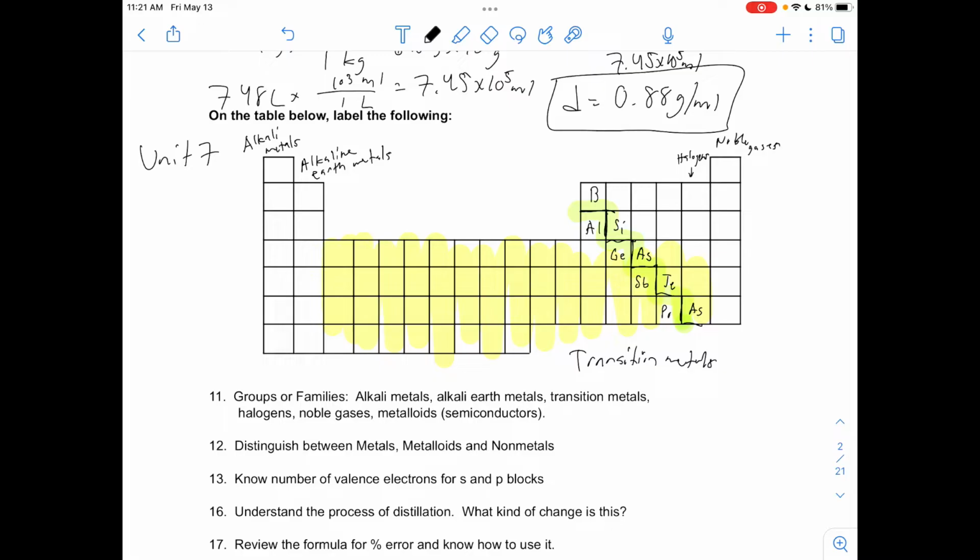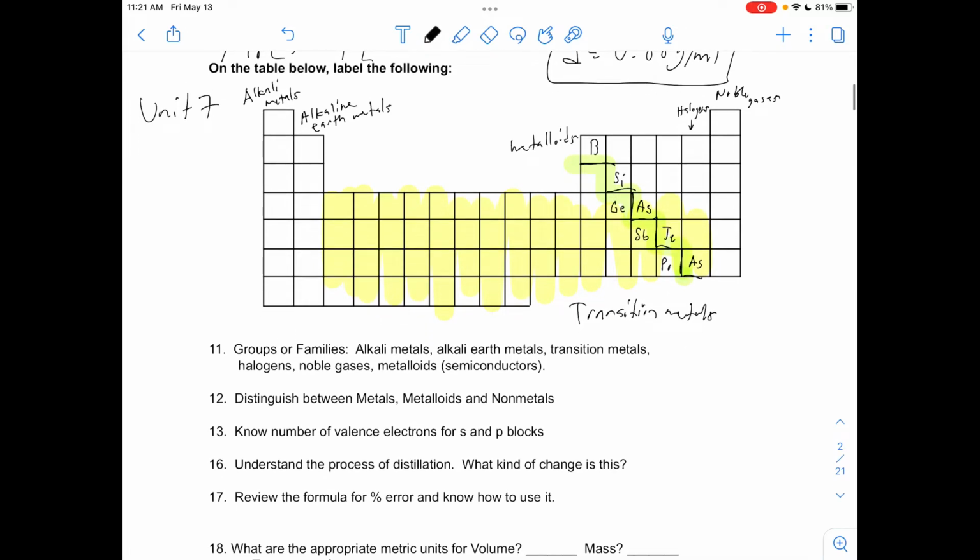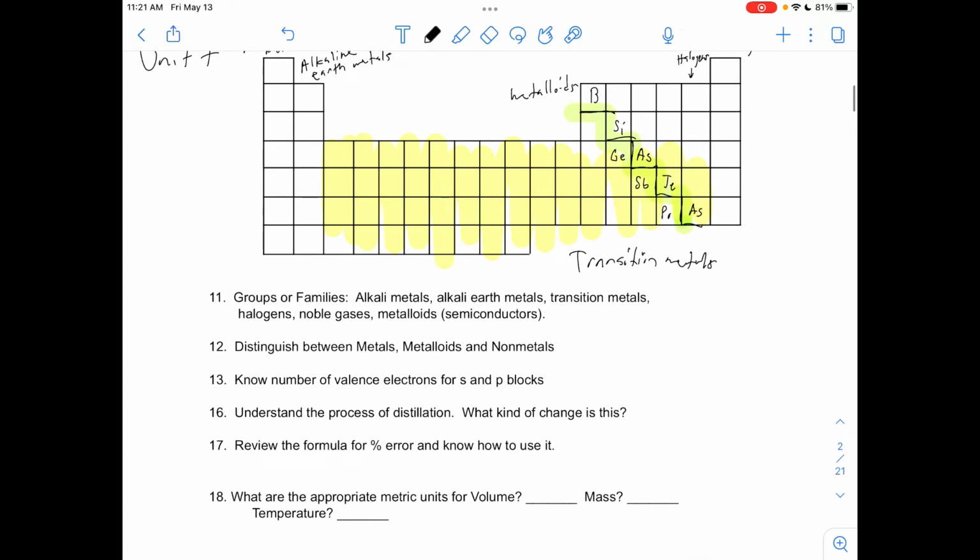Or sometimes they behave like metals, sometimes they act like non-metals, and so they're known as metalloids. Okay, and that does not include aluminum. Actually, aluminum is a metal. Okay, so all those guys are metalloids. Okay, next, metals.